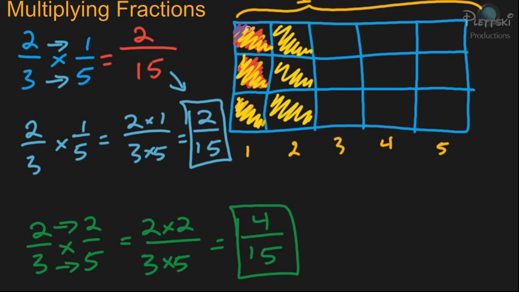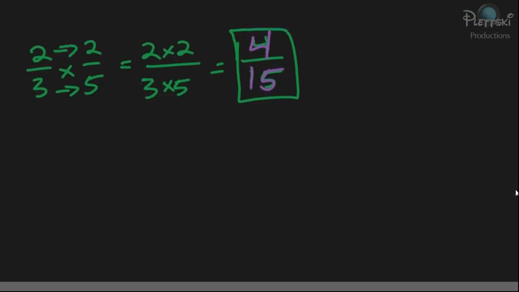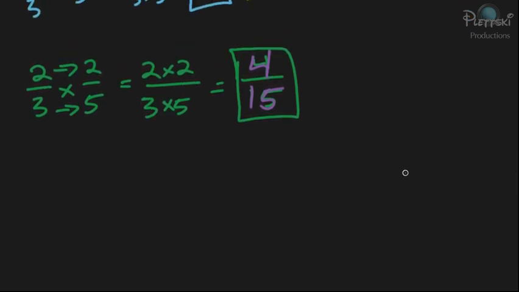Well, 2/3 of the first fifth would be like that. And then 2/3 of the second fifth would be like that. So you would have 4 out of 15 pieces total. And that's what we got for the answer, 4/15. And that's why it works when you just multiply the numerators and the denominators.